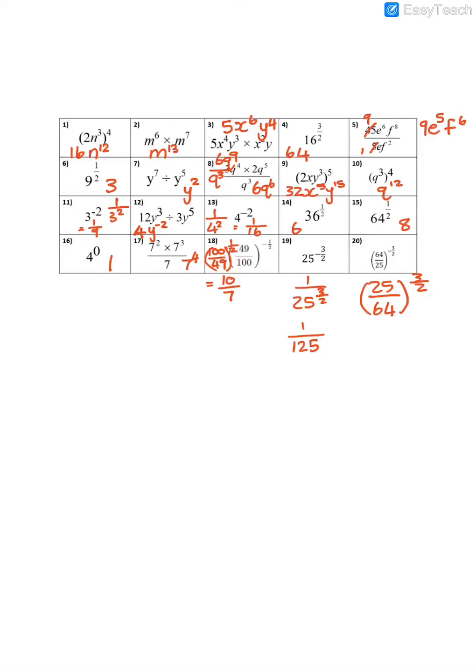Bottom number is the root, so the square root of 25 is 5. 5 cubed is 125, and square root of 64 is 8, and 8 cubed is equal to 512. So that is the answer to number 20.